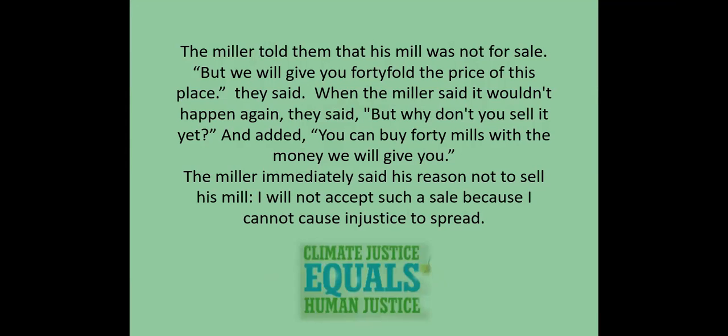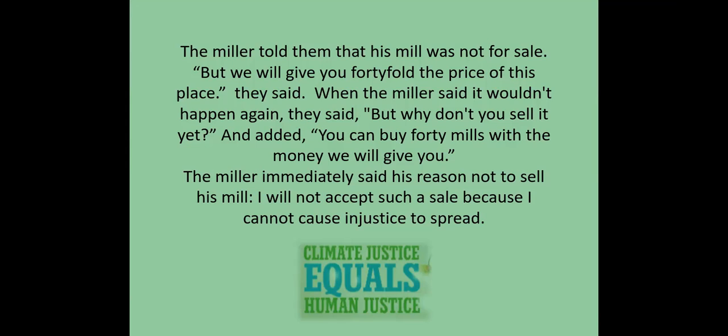Let me read the original sentence again. The miller told them that his mill was not for sale. The king's man said, "But we will give you 40-fold the price of this place." 40-fold means 40 times more than the price of this place.